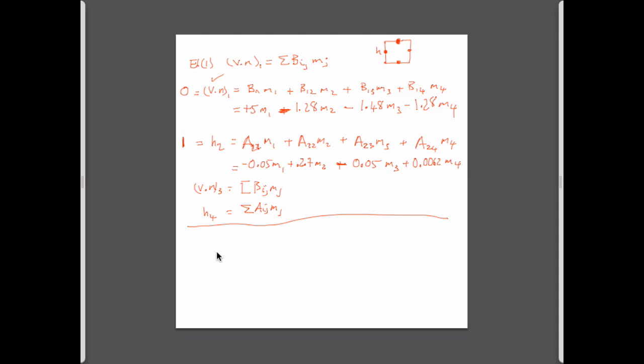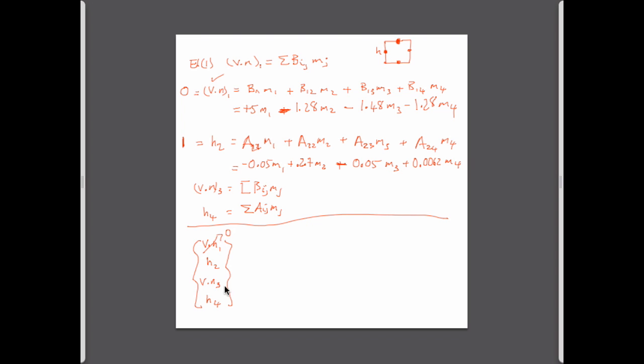And so those together, if you write them out in terms of just this value, the left-hand sides are going to be the velocity at 1, the head at 2, the velocity at 3, and the head at 4. All the terms that we have on this left-hand side here.